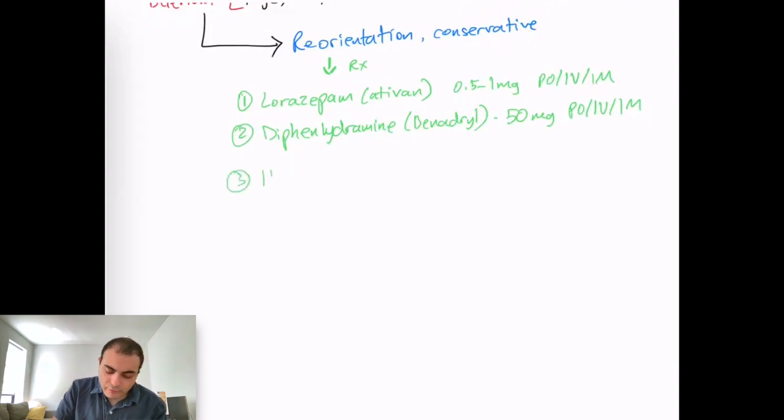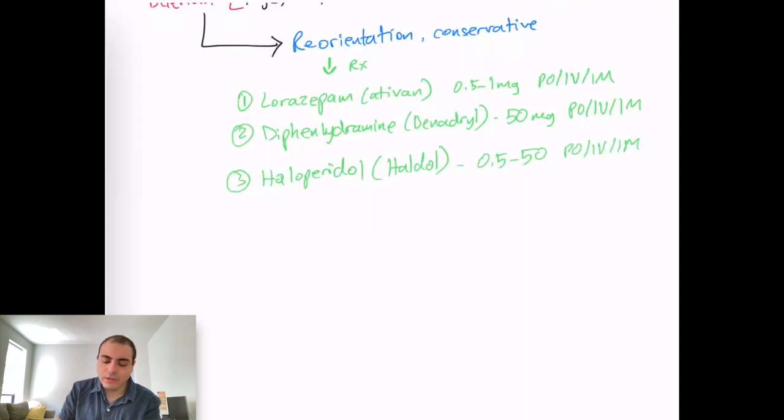Then you have haloperidol, which is called Haldol. And this one, you can give anywhere from 0.5 to massive doses like 50. And again, you can give it PO, IV, or even IM, okay?